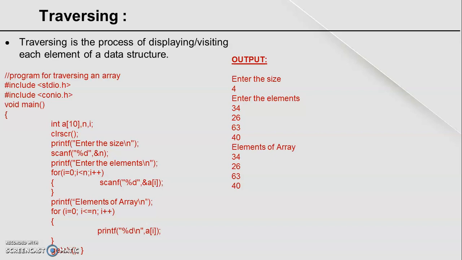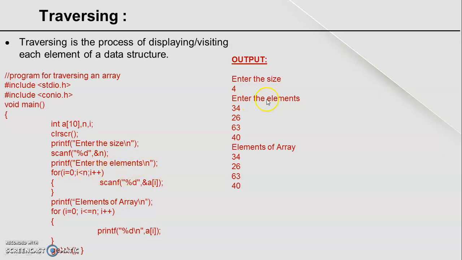So here we have written a simple program in C for displaying the content of an array. For that we have taken an array of size 10, a variable n which denotes the size of the array, and i for traversing in the loop. When we are entering the size of the array, for example we are taking 4, and we are entering the elements using a while loop.